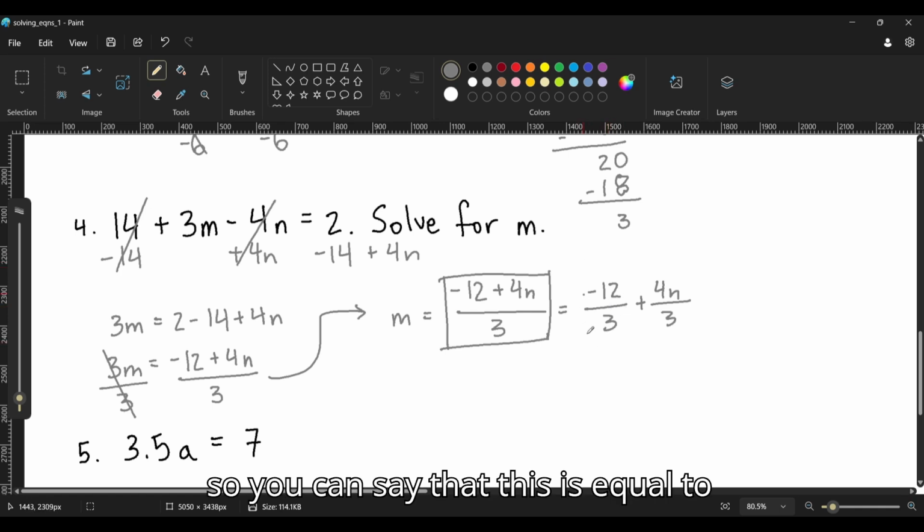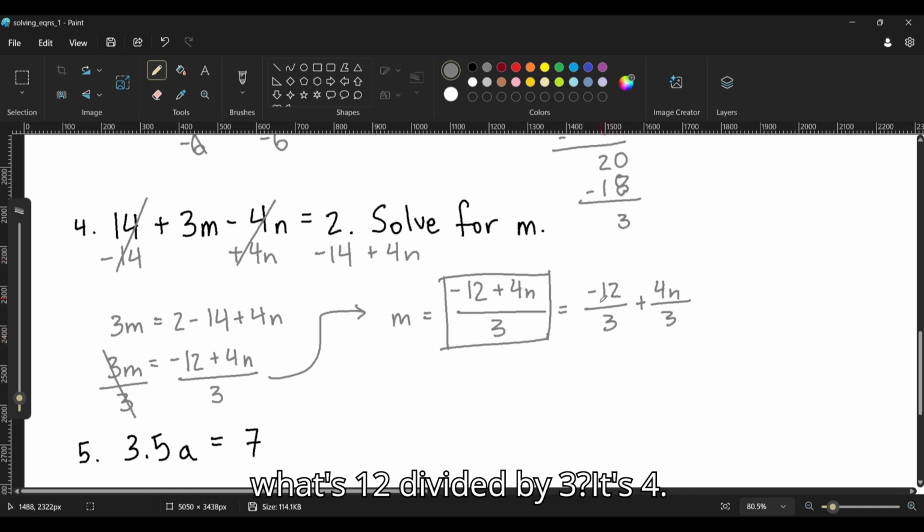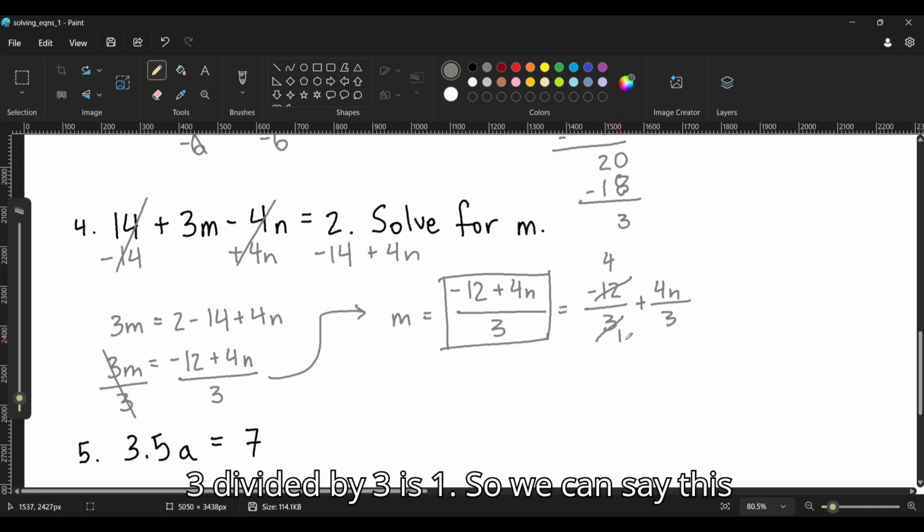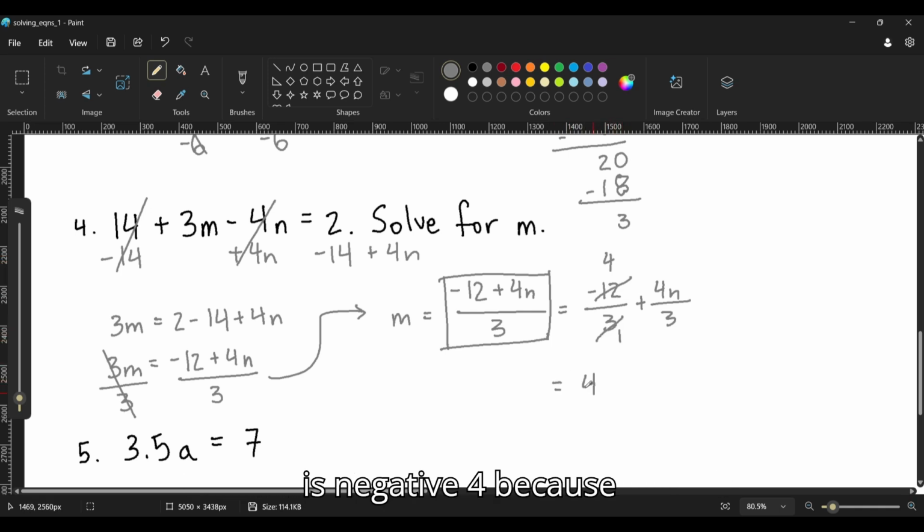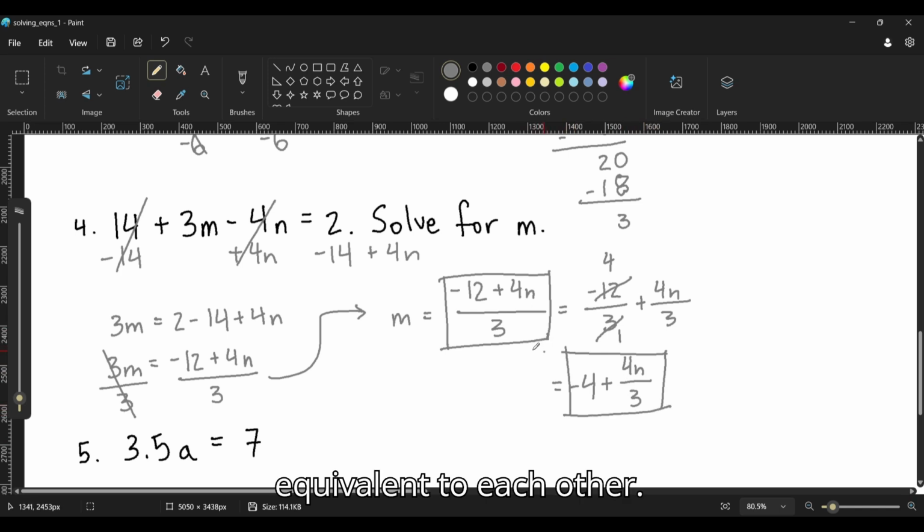So you can say that this is equal to, what's 12 divided by 3? It's 4. 3 divided by 3 is 1. So we can say this is 4, or -4, because this negative sign still carries over, plus 4n over 3. And these two answers are equivalent to each other. It's just written differently.